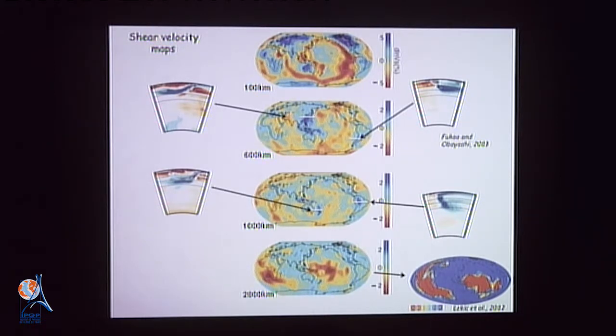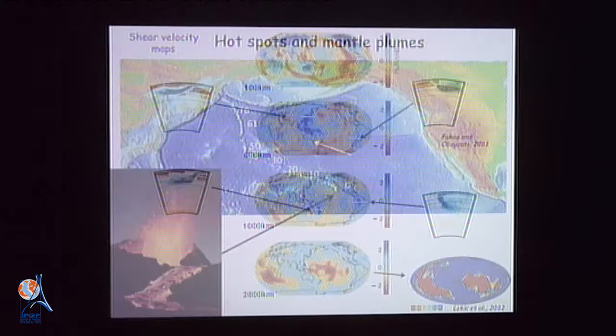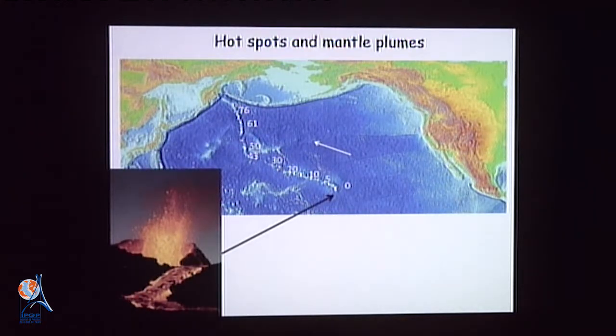But of course we're interested in other objects, such as, for example, the origin of hotspots. So hotspots such as Hawaii, with their characteristic age progression here in millions of years in the direction of the plate motion of the Pacific plate.